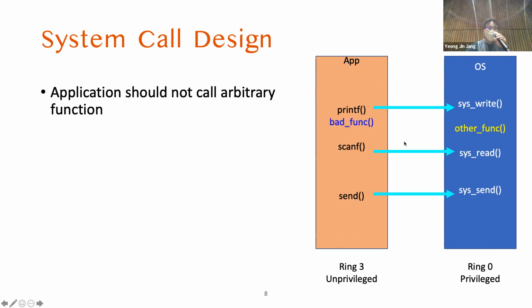If the application creates some bad function that directly calls some function that is not available in the system call, then that should be prohibited, because someone is there in the operating system, someone who is privileged and can do everything.